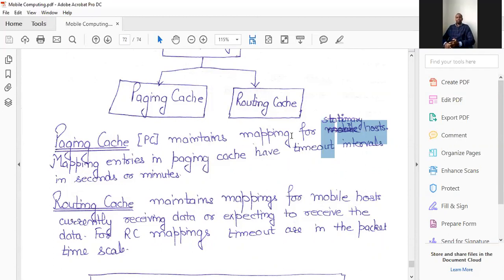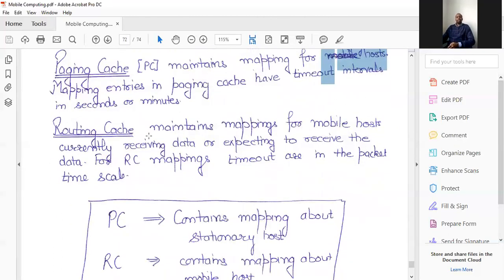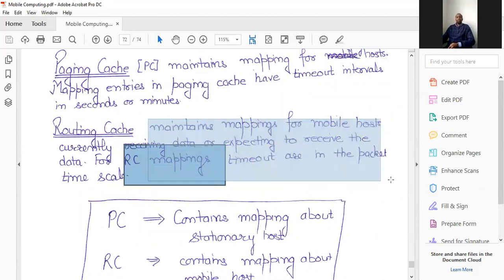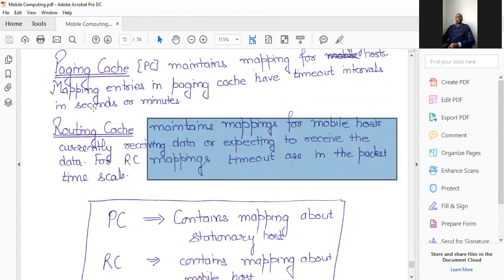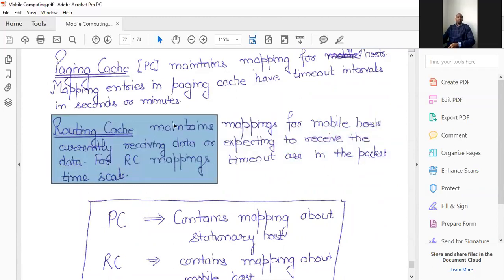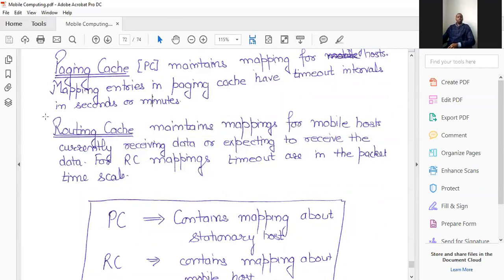And then routing cache maintains a memory of all the IP addresses of all the mobile hosts that are currently receiving data or expecting to receive data. Routing cache works especially with those mobile devices that are in constant mobility from one network to another.